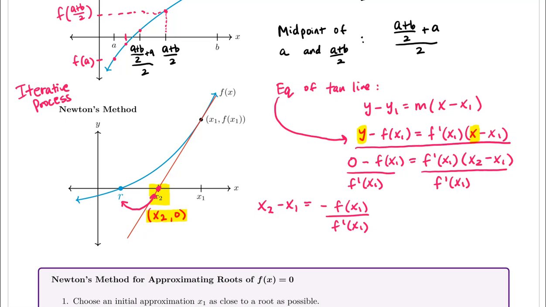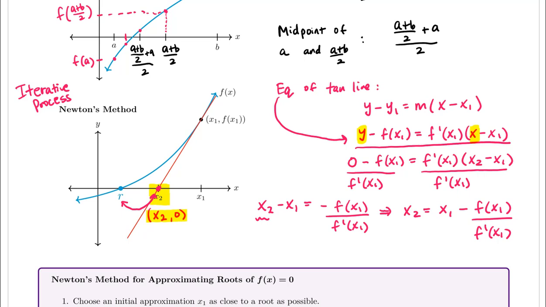And again, my goal right now is to solve for x2. So if I isolate x2, I get x2 is equal to, I'm going to add x1 to both sides, and I get this lovely formula here. So there is my formula for x sub 2.